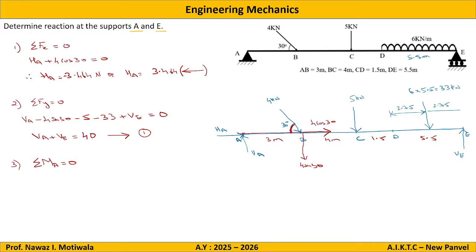Starting with this part, this is making a clockwise moment, so it will be minus 4 sin 30 into distance 3. Clockwise moment will be minus.